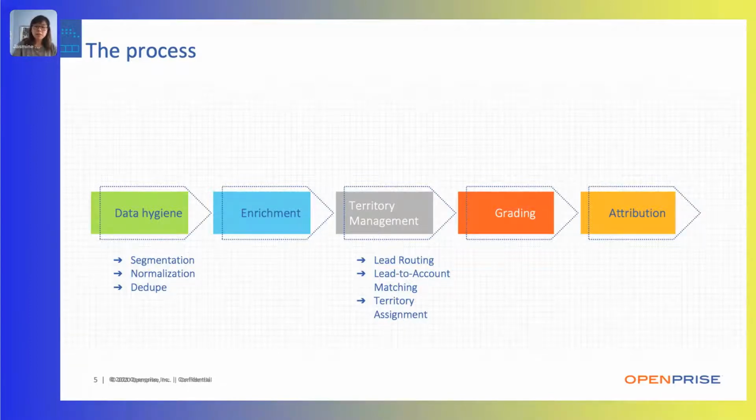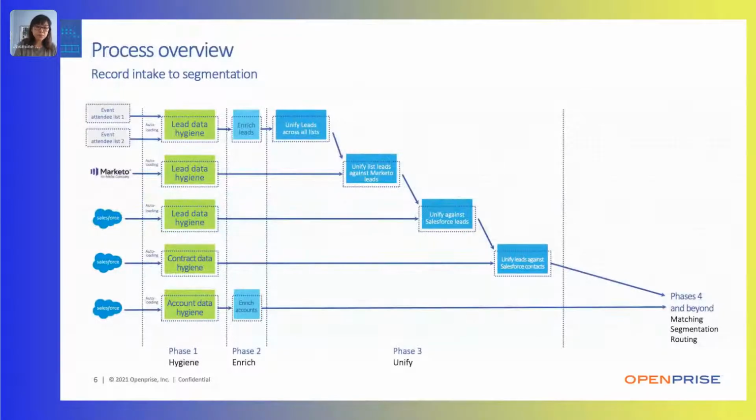We're going to dive a little deeper into the process overview. We have sources coming from multiple locations, whether it's Marketo, Salesforce, a content syndication program that sends you a spreadsheet, or an event where you get another spreadsheet. All the formats may be different. The columns may be different.